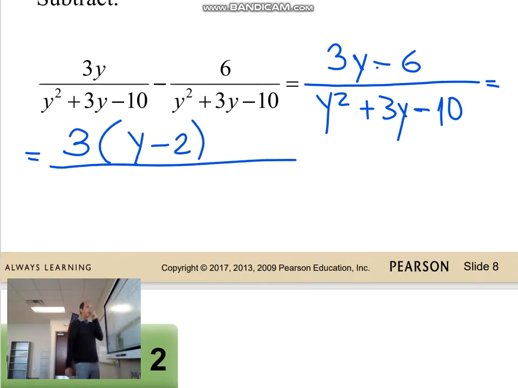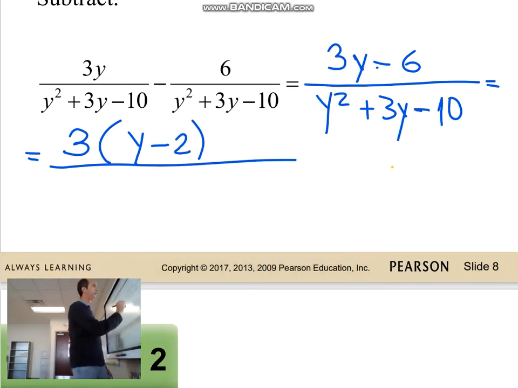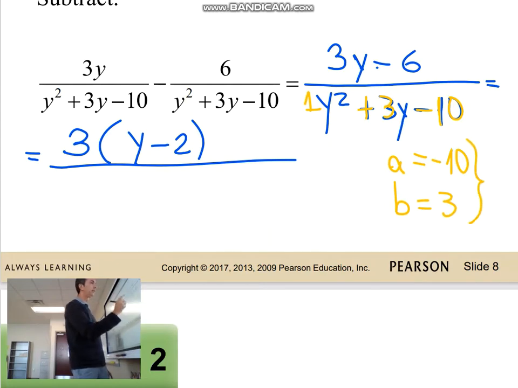What about the denominator? Well, we can apply the AC method here. Do you remember how to apply the AC method? A is 1, C is negative 10, so AC is 1 times negative 10, negative 10, and B is positive 3, so B equals 3. Find two numbers whose multiplication is negative 10 and whose sum is 3.